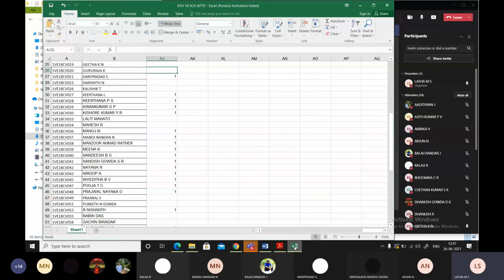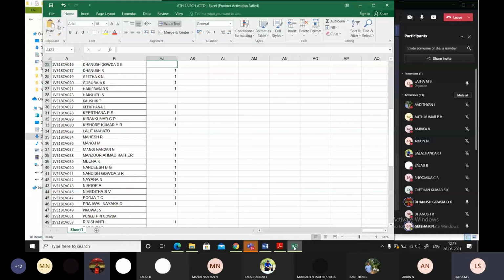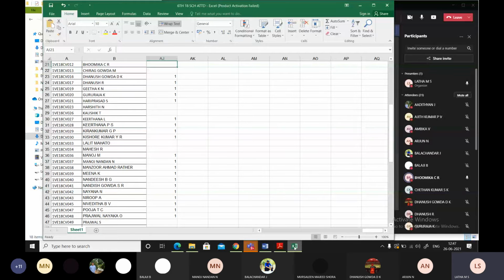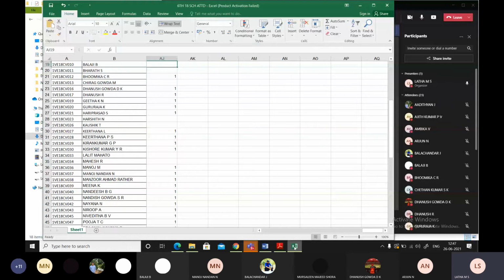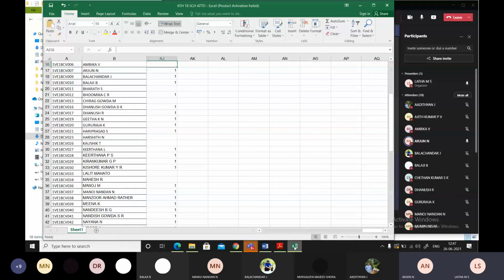Geeta, present, ma'am. Dhanush Moda, present, ma'am. Bhumika, present, ma'am. Raji, present, ma'am. Balchandra, present, ma'am.